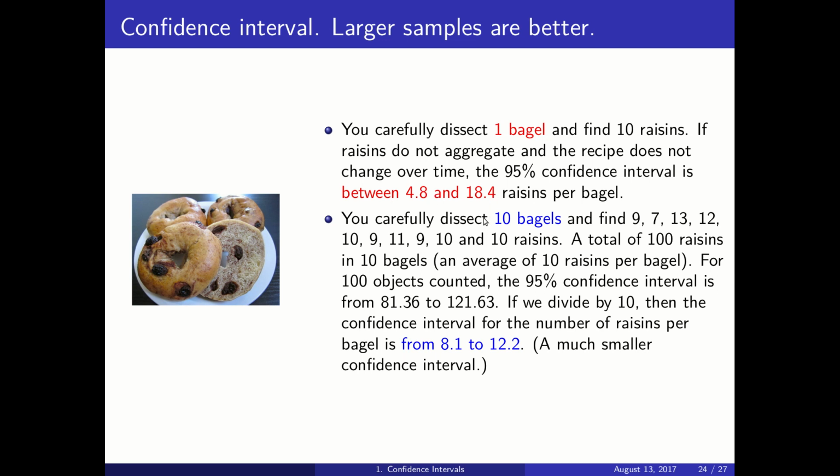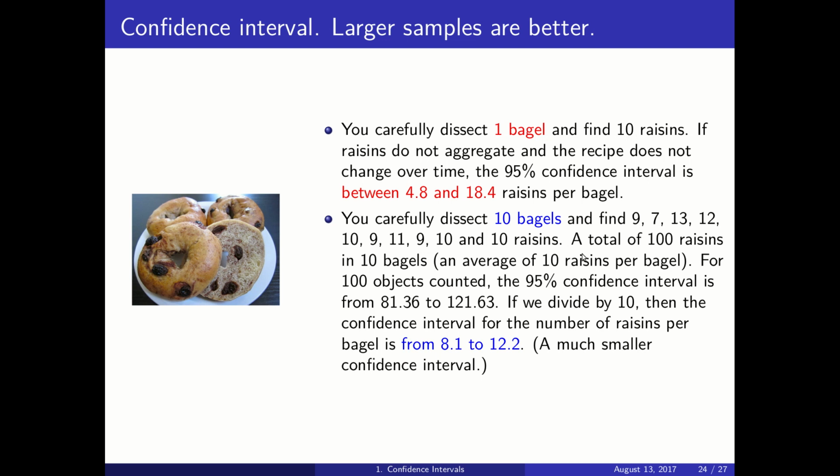Okay, so now if instead of 1 bagel we take 10 bagels and we observe this number of raisins, we have a total of 100 raisins in 10 bagels. So the rate is the same. In the first case we had 10 raisins per bagel, and here now we have again 10 raisins per bagel.